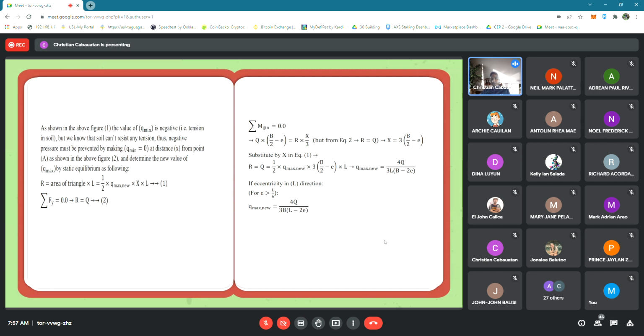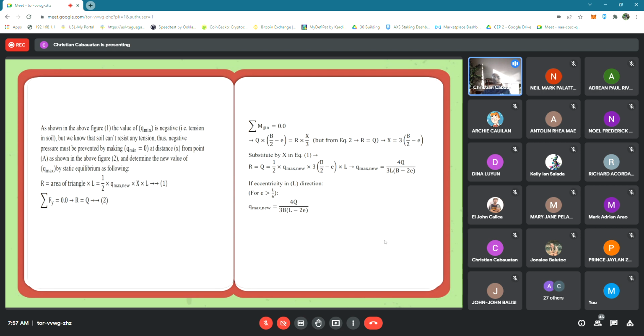So by substituting all the given data, the reaction, therefore, which is equal to the applied load Q, is equal to 1/2 the new Q maximum times 3 times B over 2 minus e, times the length. So the Q maximum, therefore, is equal to 4Q divided by 3L times B minus 2e.